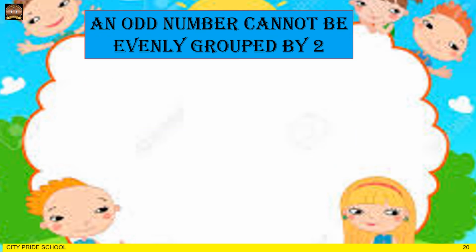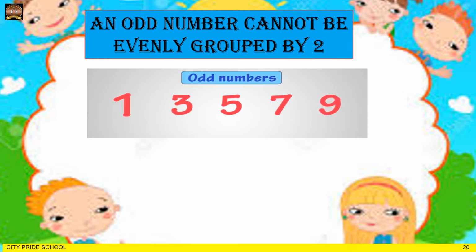Now an odd number cannot be evenly grouped by 2. Okay, so they cannot be paired up properly. One ball or one number is always left alone. Now let's see. One, we saw, only one alone.